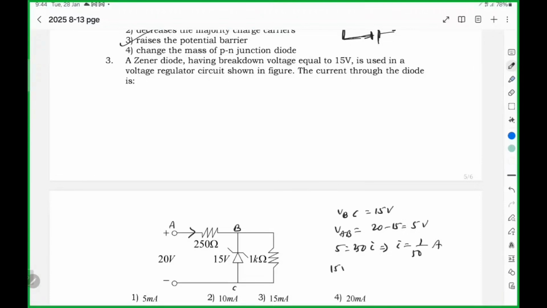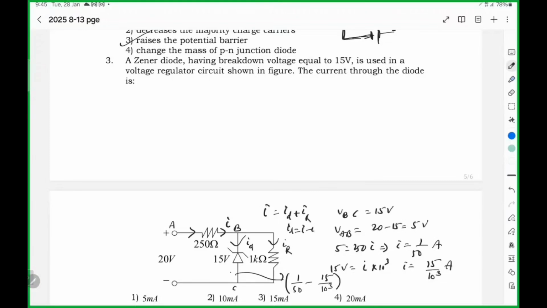And here 15 volts is across the load resistance, so how much current? 10 cube, so IR will be 15 by 10 cube amperes. The current through the diode: I is distributed to the diode and resistance, so I will be ID plus IR. ID will be I minus IR. That gives you the current through the diode.